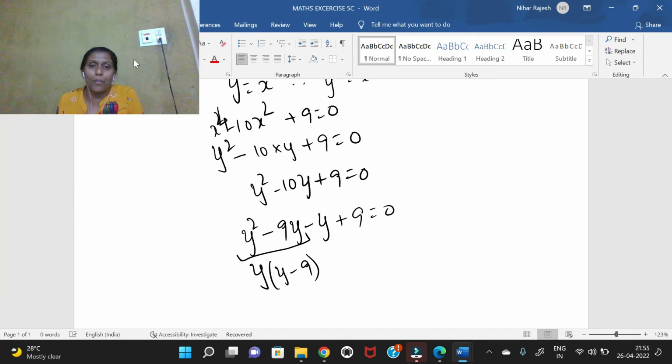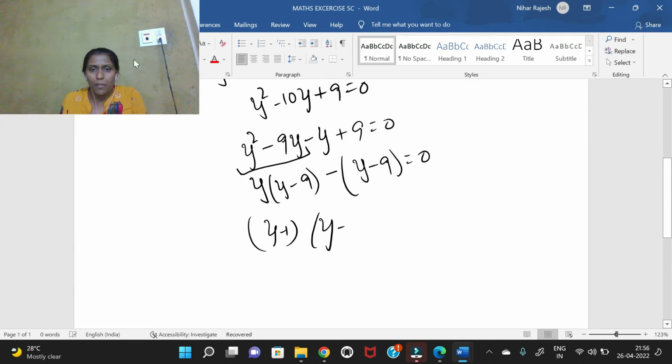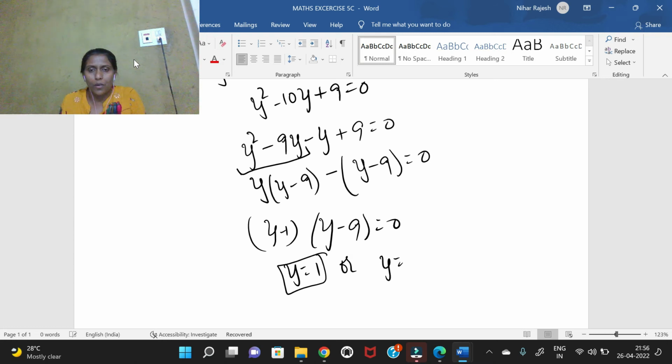Out of this term, let me take minus 1 so that I get the common factor y minus 9. Okay, so it's equal to 0. Next, y minus 1 into y minus 9 is equal to 0. y is equal to 1 or y is equal to 9.